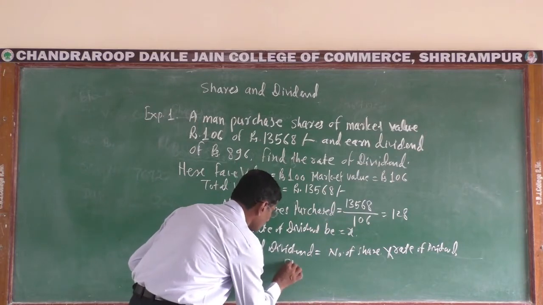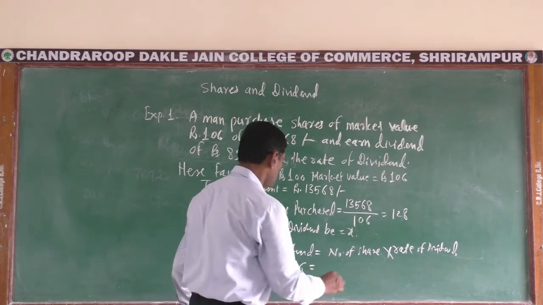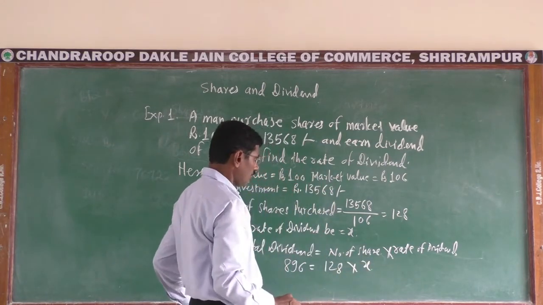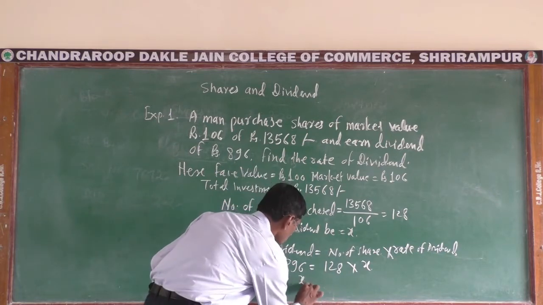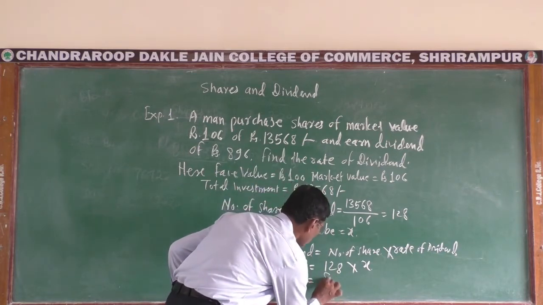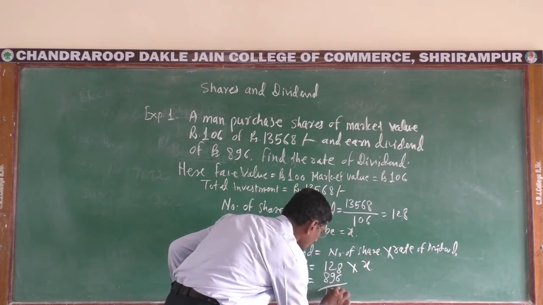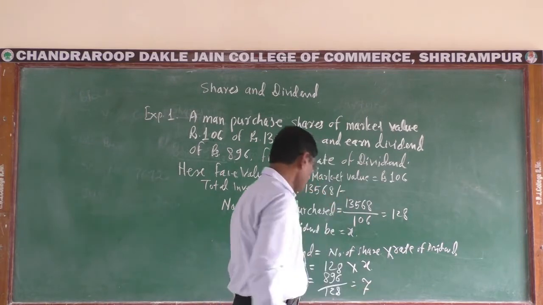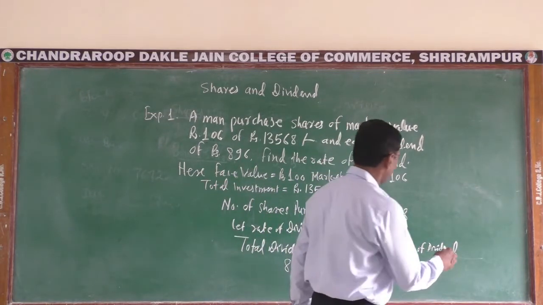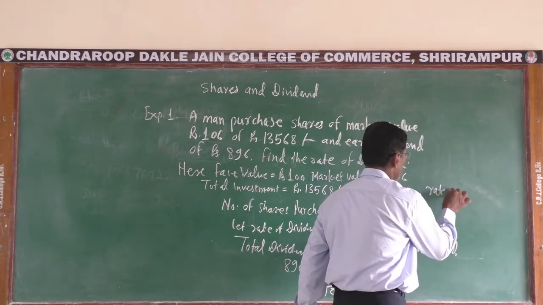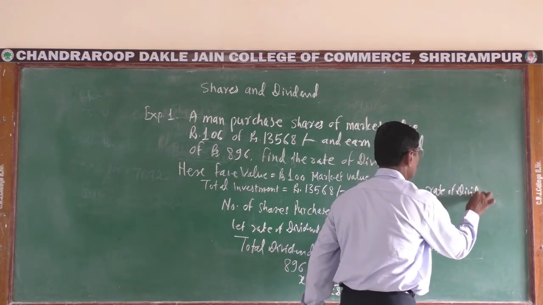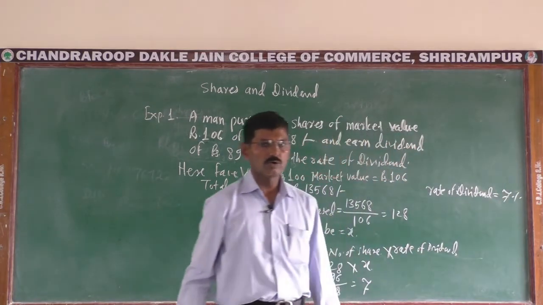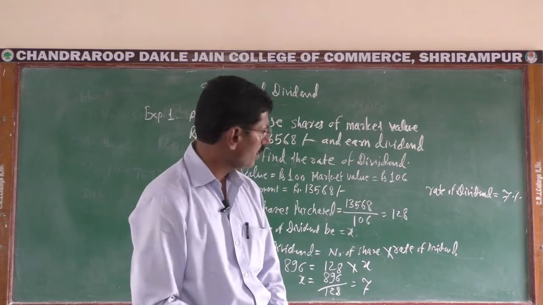Total dividend, that is rupees 896, is equal to number of shares 128 into X. And we have to find the value of X. X is equal to 896 divided by 128. And X is equal to 7. It means rate of dividend is equal to 7%.